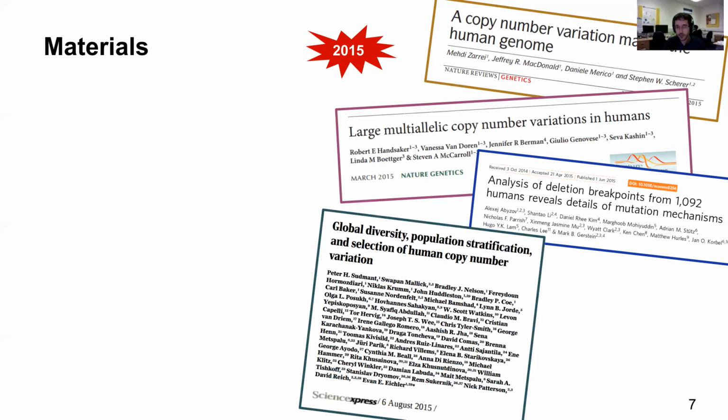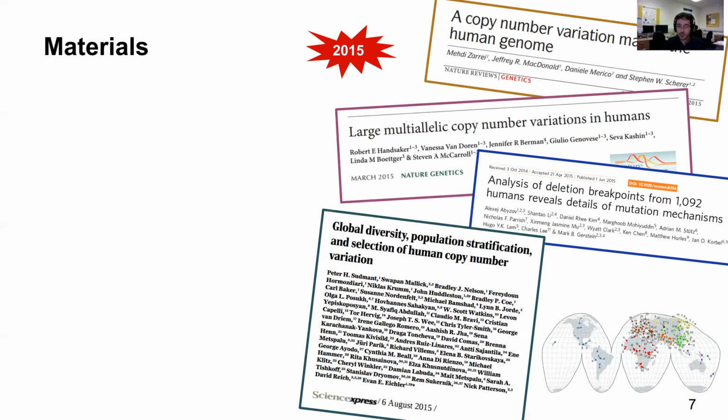Then later that year in summer, we had another paper by Sudmant et al. in Science, in which they tried to characterize copy number variation all over the world. They sampled human genomes in very different locations, on different continents, trying to expand the variability that is incorporated in the 1000 Genomes Project.